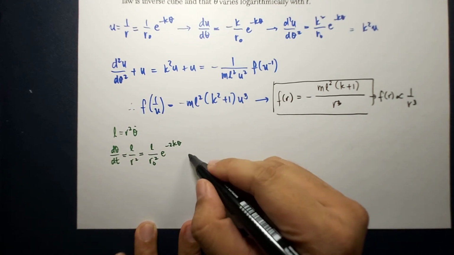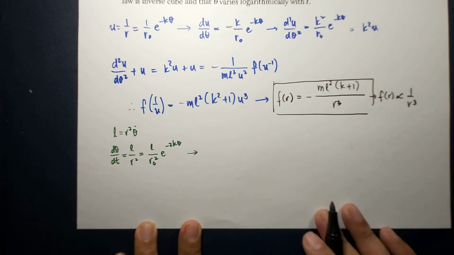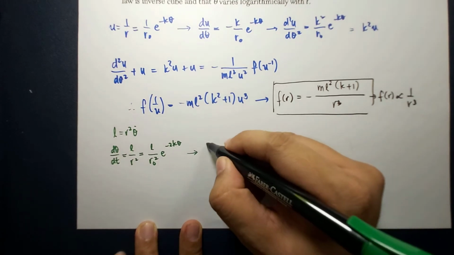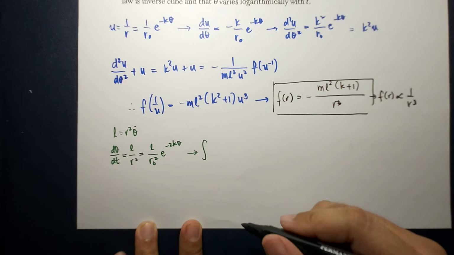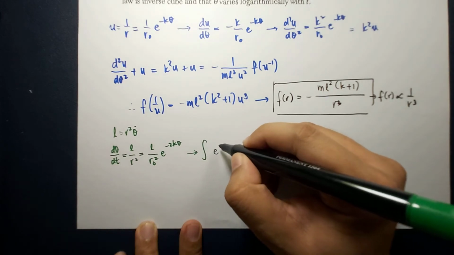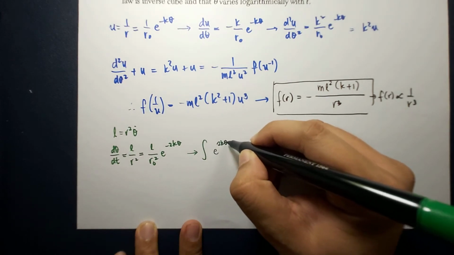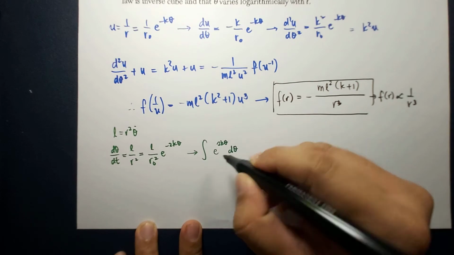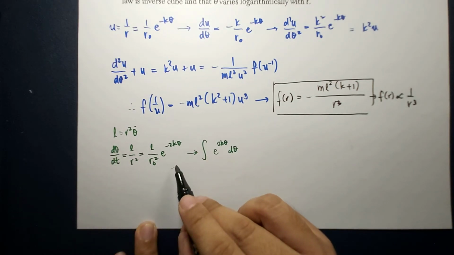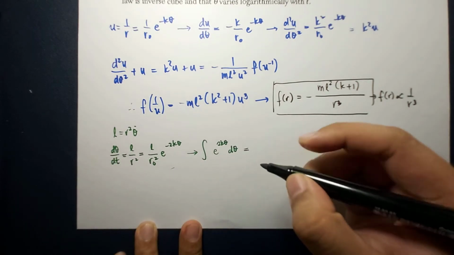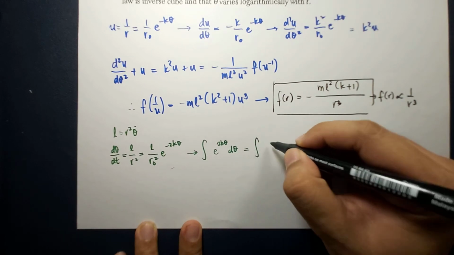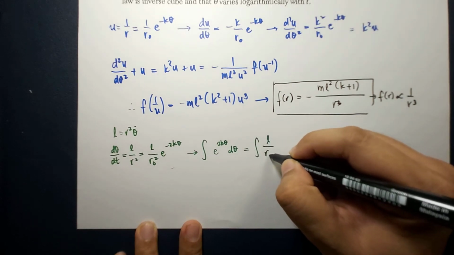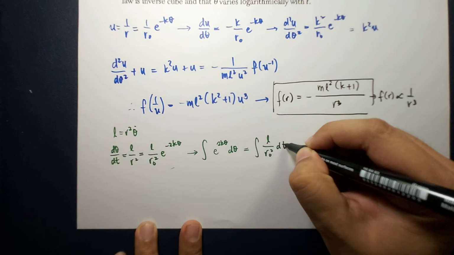So this can be rewritten in integral form as follows. This is the integral of e to the 2kθ dθ equals the integral of l over r0 squared dt.